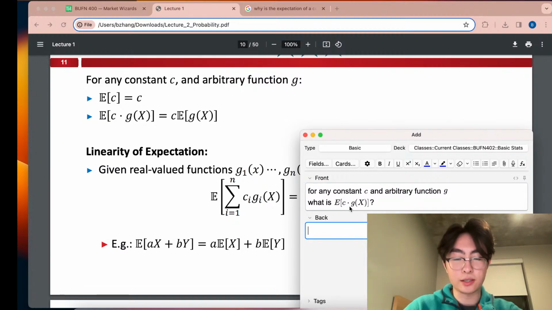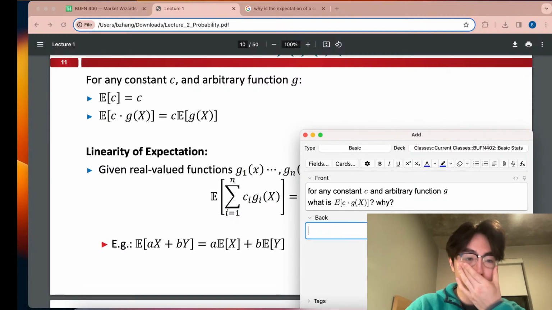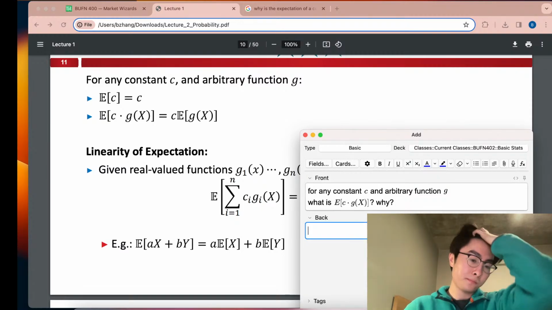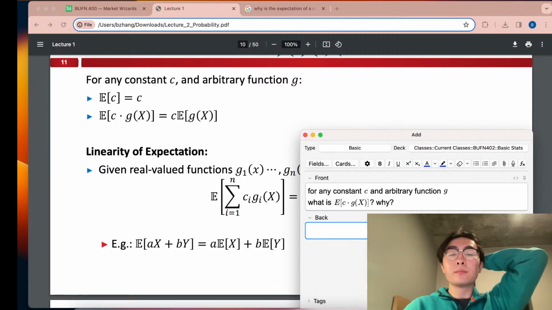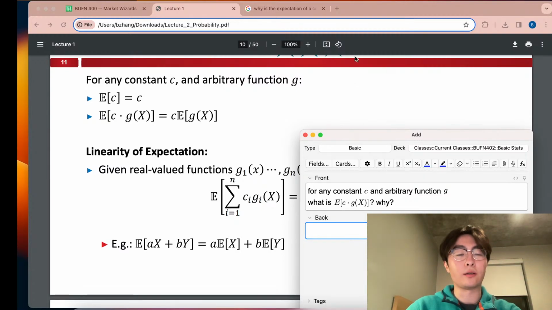So this is the expectation of a constant, so why? Yeah, it's the expectation of the output of any function.